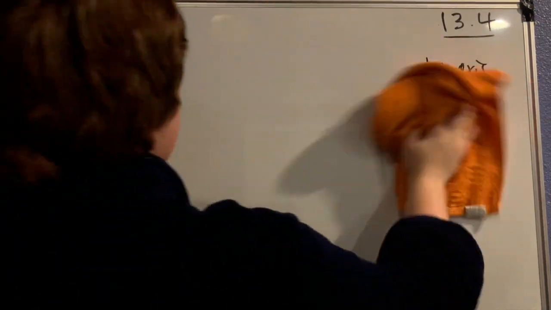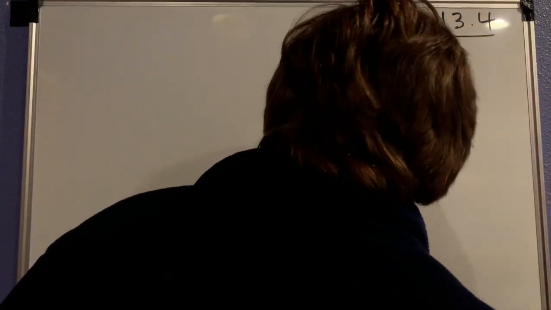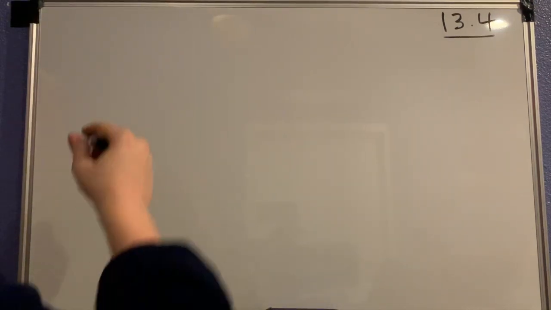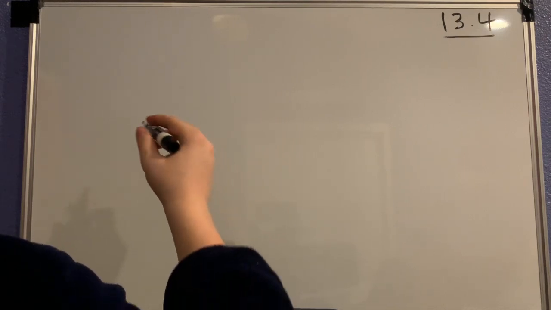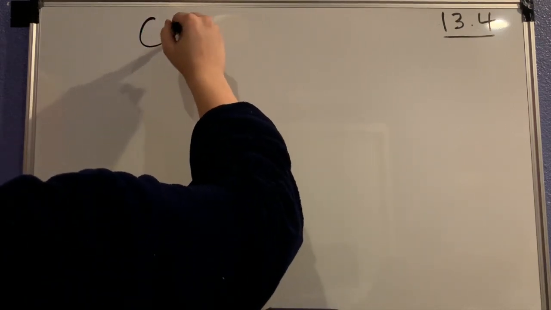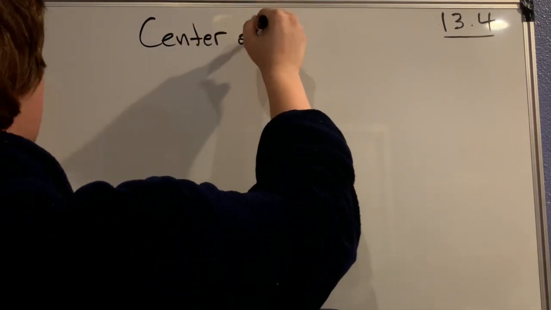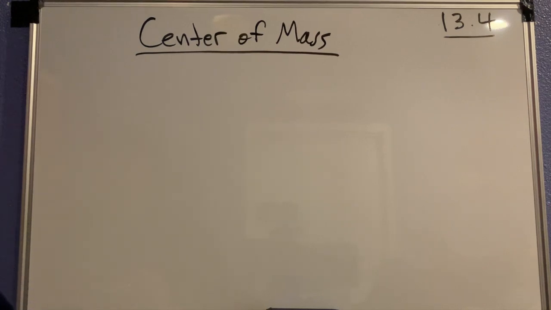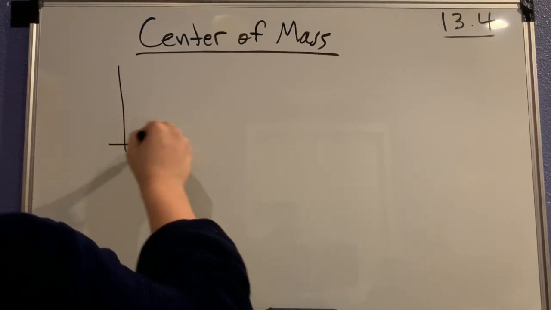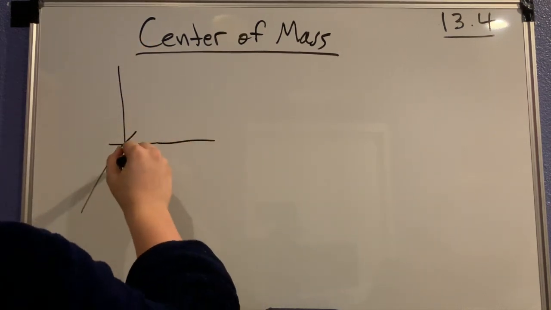And now I'm going to introduce a relatively similar concept. You've all been familiar with it, and you may just not have explored it mathematically, and it's called the center of mass. Now, I should have kept this graph up, but it's all right. Draw it again.